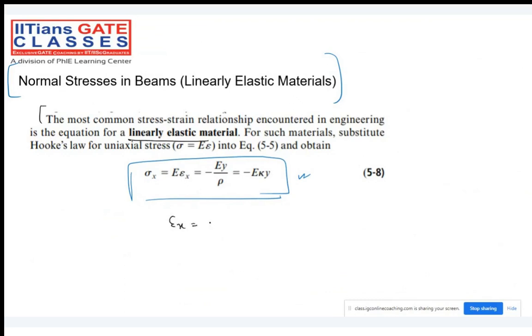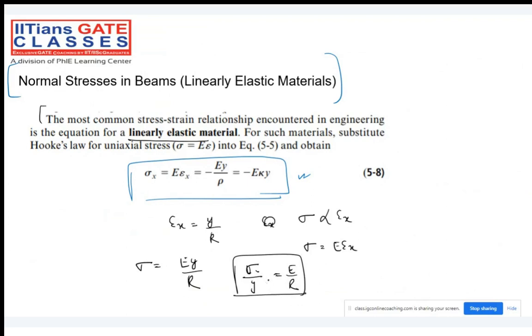So we can write stress equals E times epsilon x, so stress is E into y by r. So one equation we got: sigma by y is equal to E by r. One part of the equation has been derived. One part remains, that is M by I. This is the first equation.